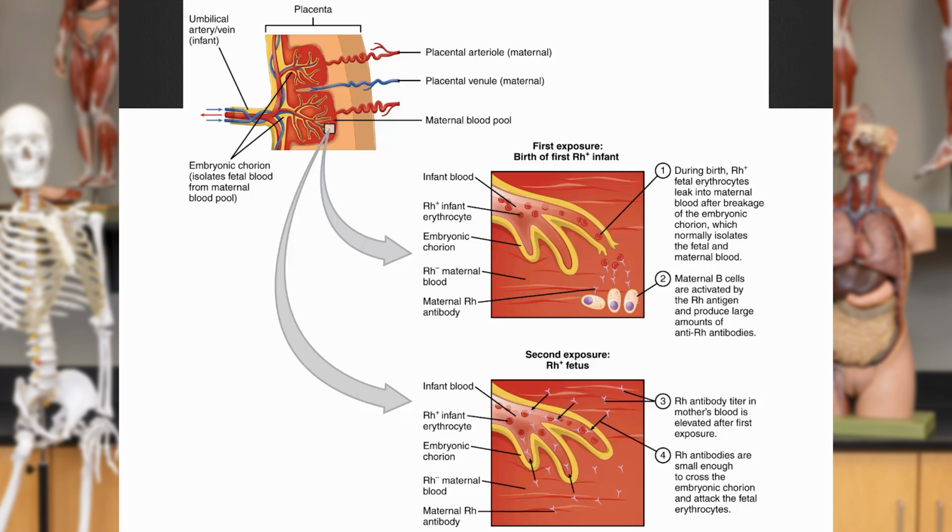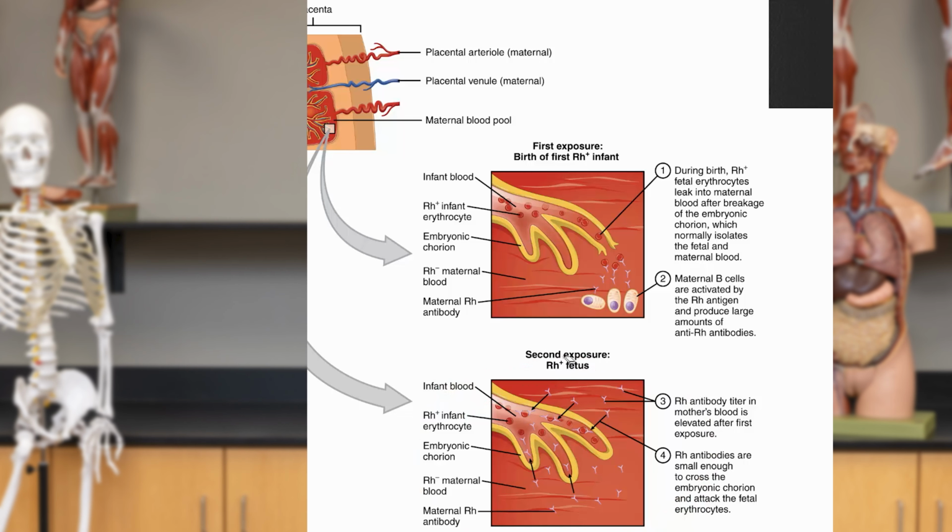Upon mixing, the mother will make antibodies to recognize the Rh positive blood. It won't hurt her, won't do anything to her. But on the second exposure, so the second pregnancy, if that second developing fetus is Rh positive, those antibodies can go into the fetal bloodstream because they can cross the placental barrier.